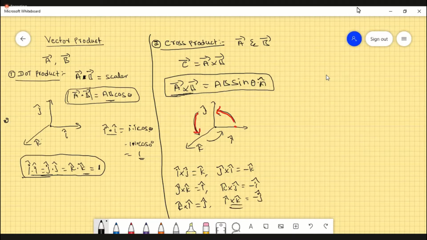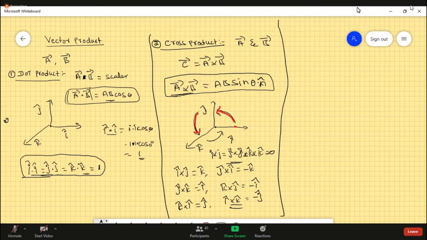The remaining combinations, i cross i, j cross j, and k cross k, give 0 because theta is 0. So this is the cross product.